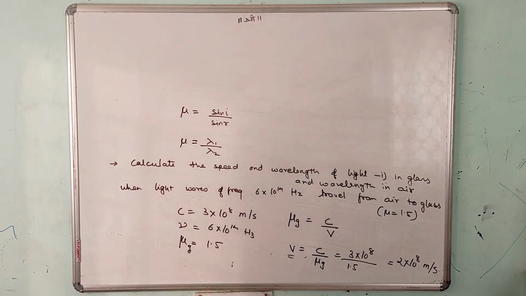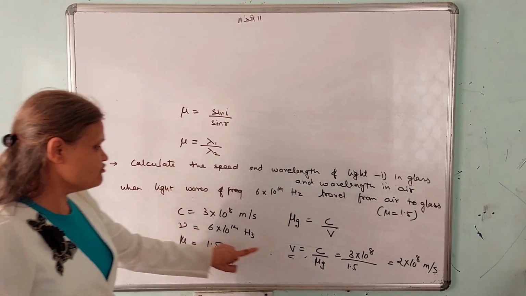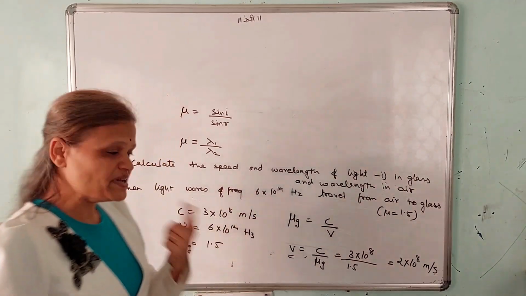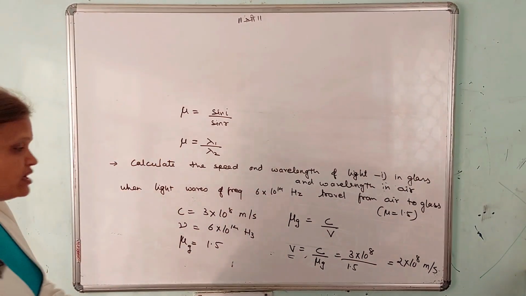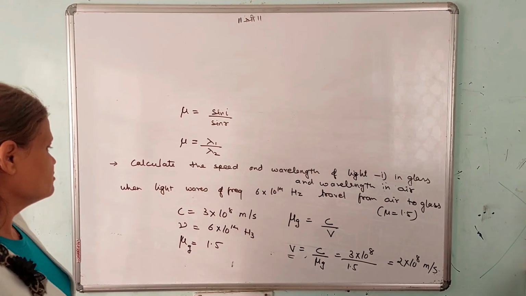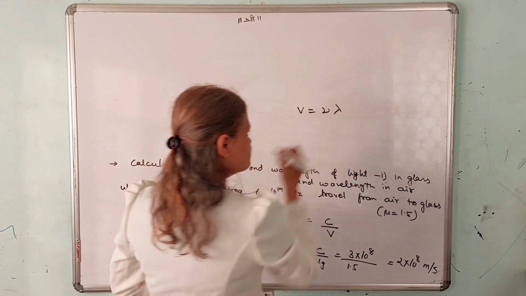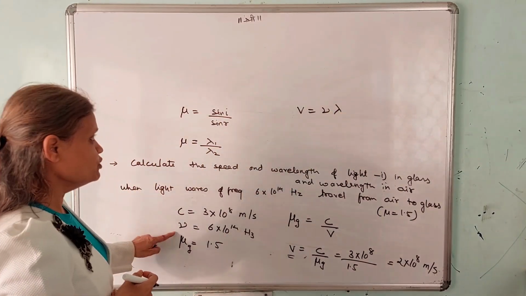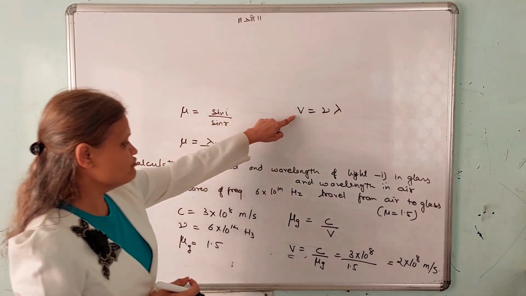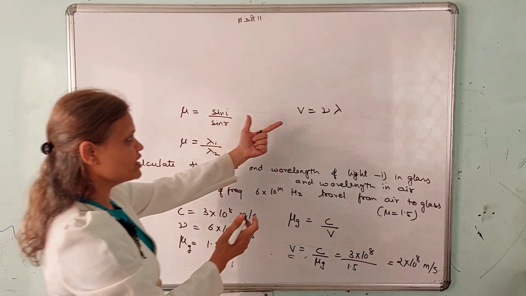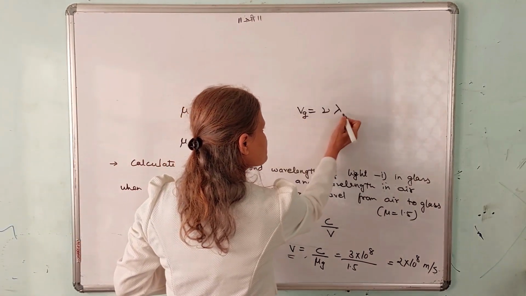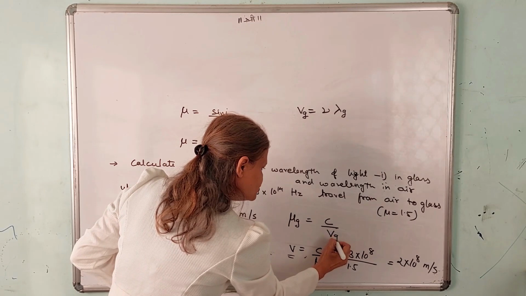Now we know the frequency, and we know the speed. By the basic relation between speed, wavelength and frequency, that is V equals nu lambda, we know nu and we know V now, so we can find lambda in glass. I put this suffix, this is actually Vg, you can put.